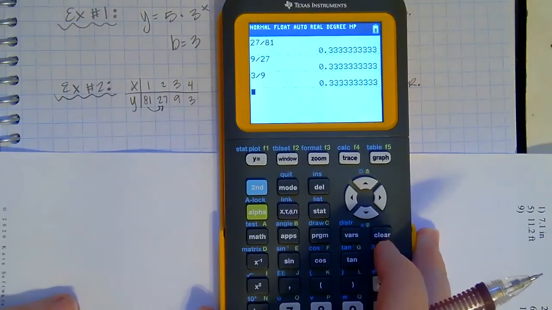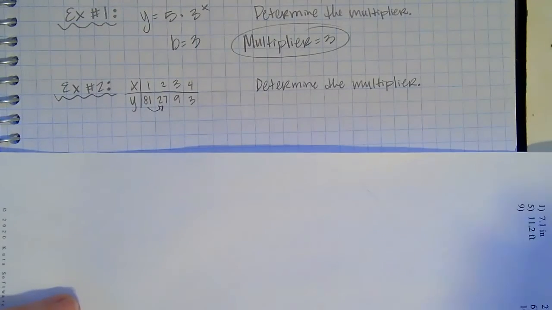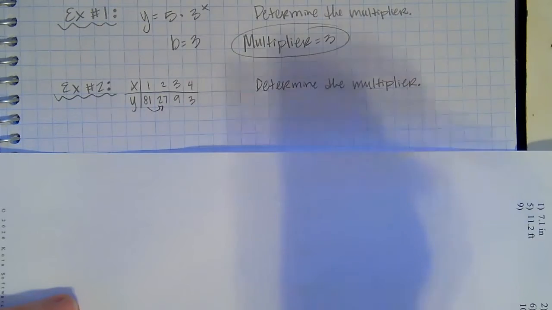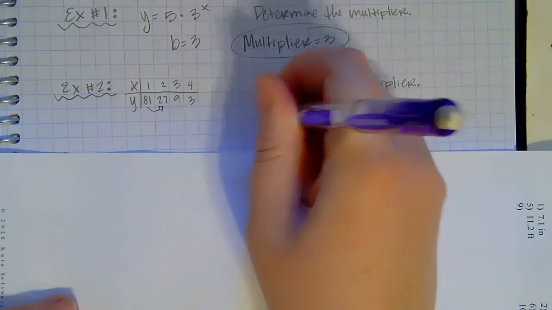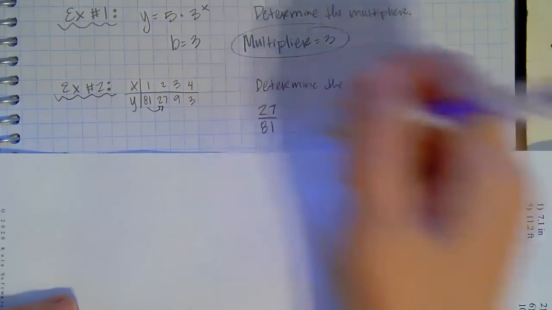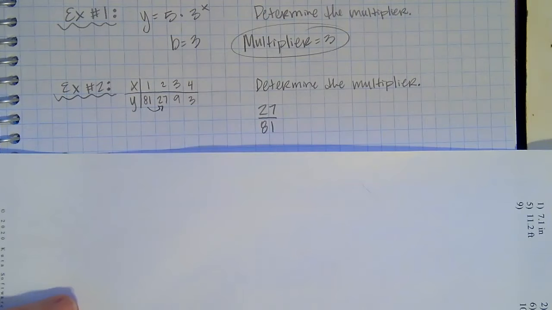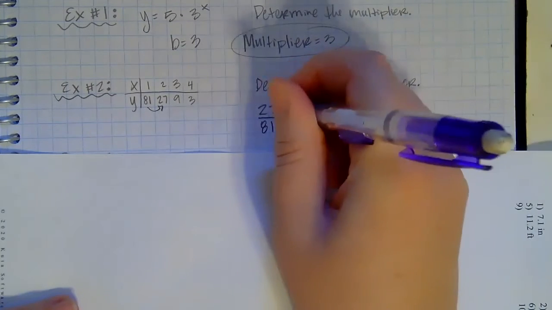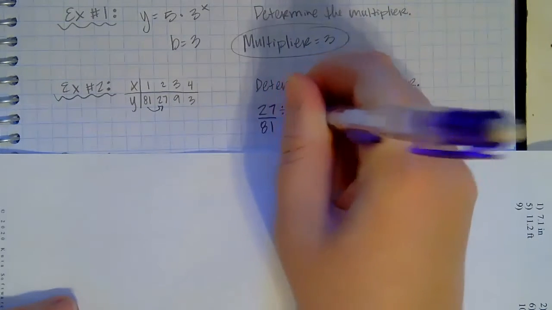So remember, when I'm dividing, I'm going to just show you this. So let's say I'm dividing 27 by 81, okay? So if I divide 27 by 81, I can simplify. Now, maybe you don't know what number goes into both of them that's big enough, but you should be able to tell, oh yeah, I know that 9 goes into both of them, maybe. Let's say you know that.